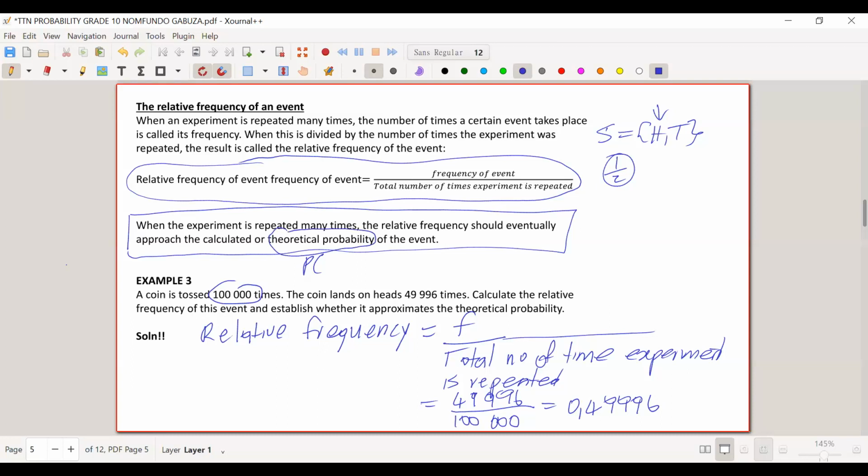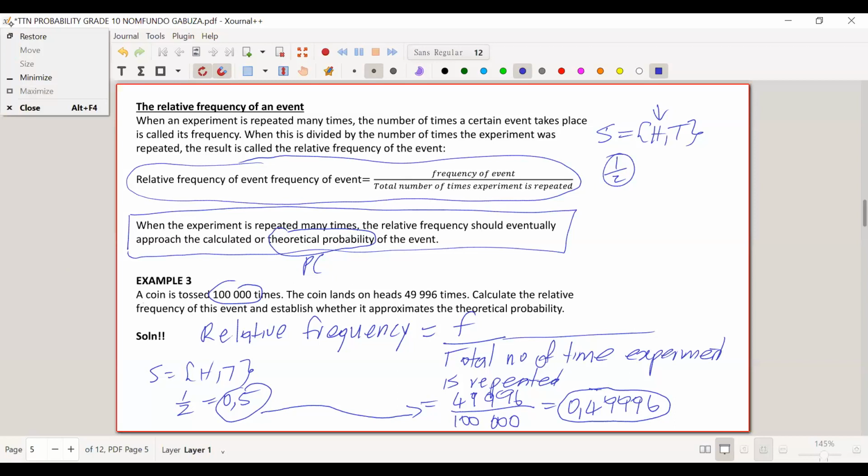Since a coin only has heads and tails, the theoretical probability over here is going to be 1/2, which means it's 0.5. And 0.5 is much closer to this. This is basically 0.5. So the question was saying, calculate the relative frequency of this event and establish whether it approximates the theoretical probability.